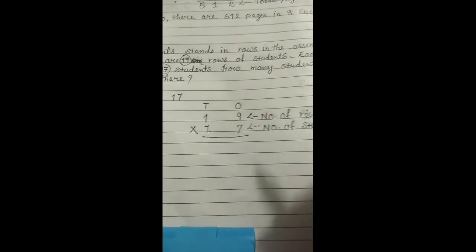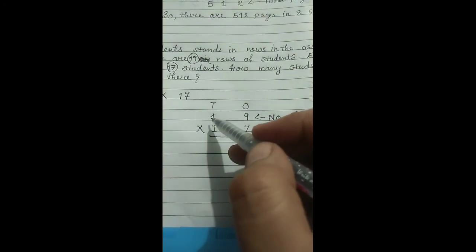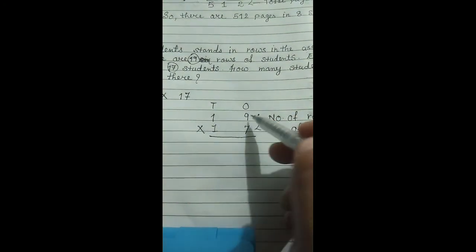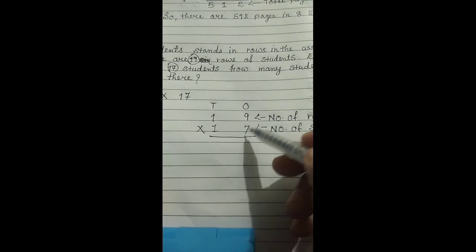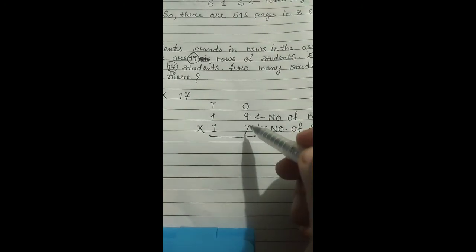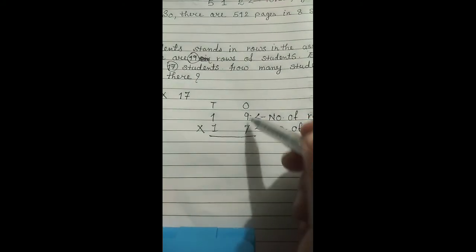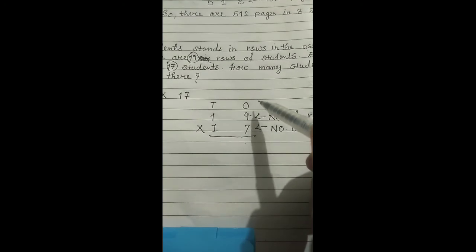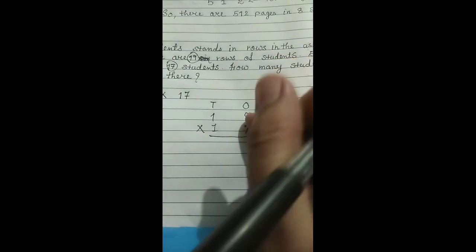Here what do we have to do first? We have to multiply 19 with 7. First we multiply 19 with the ones digit. So 19 into 7: 9 7s are 63. We start from the right, then go to the left side. 9 7s are 63.